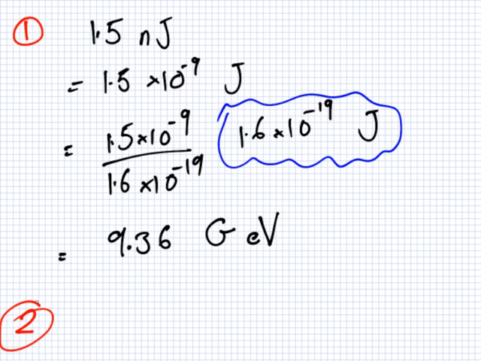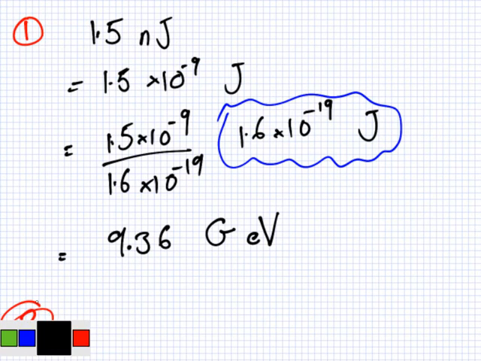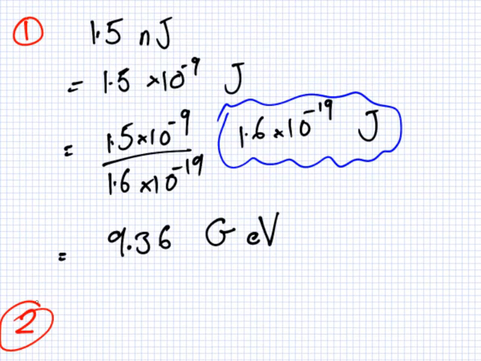Okay. So number 2 is 2.5 electron volts into joules, which is actually much easier. Maybe I'll swap them around next time.